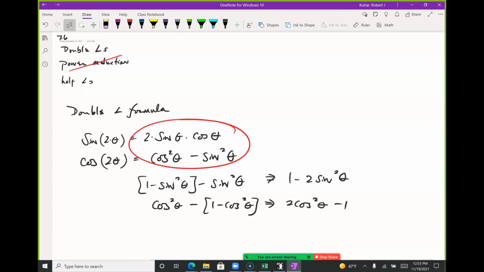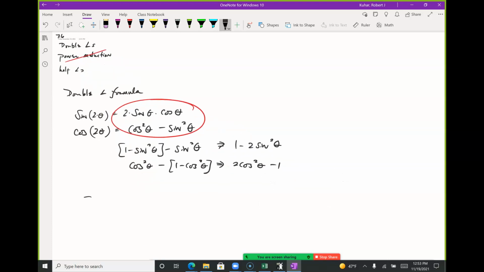So I'll derive the first one, right? Sine of 2 theta. And don't let me go too fast here. I feel like I'm going too fast, but nobody's telling me anything. Am I going too fast? No. Okay.